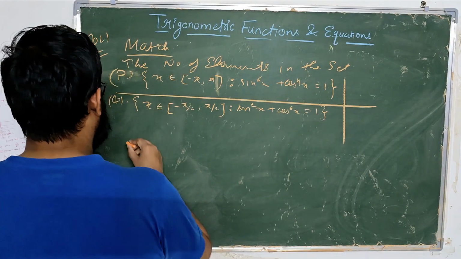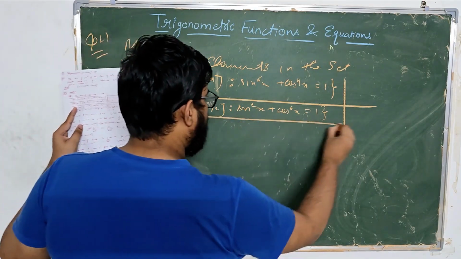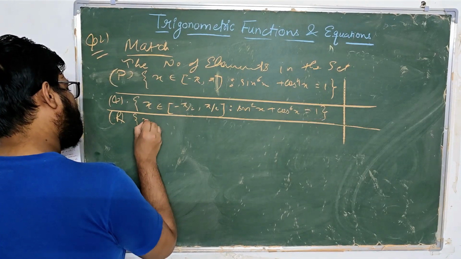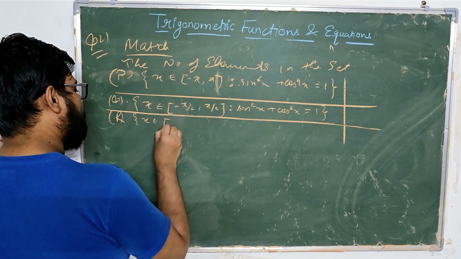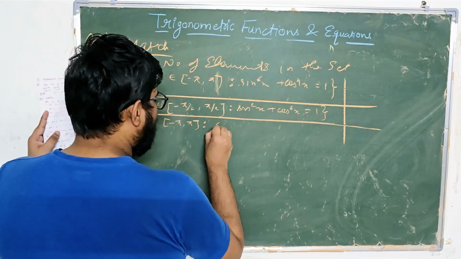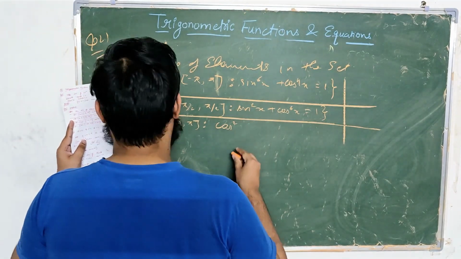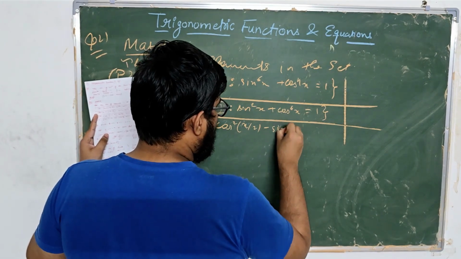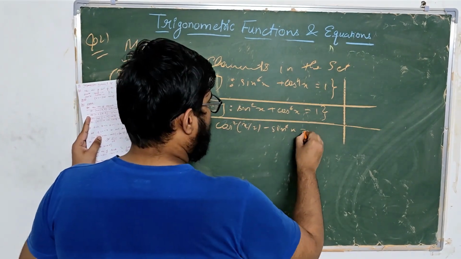So we have this PQR. x belongs to negative pi to pi, cos square x by 2 minus sine square x is 1 by 2.